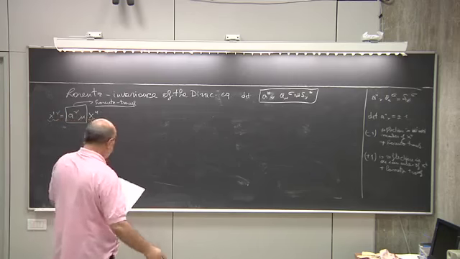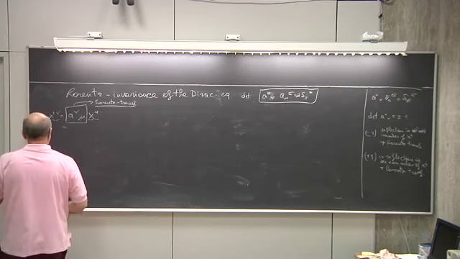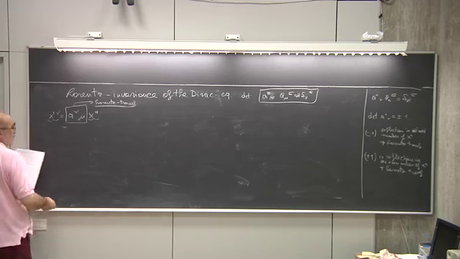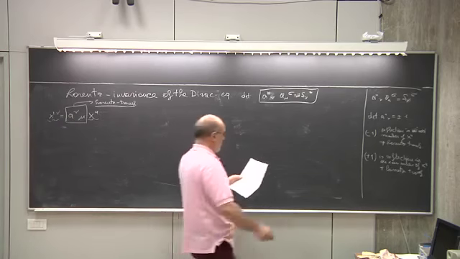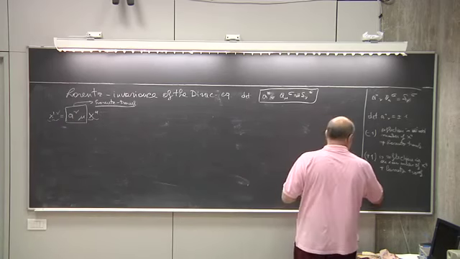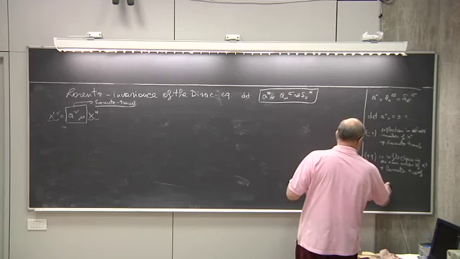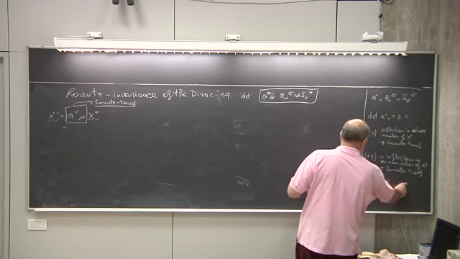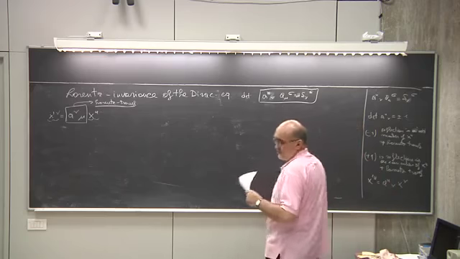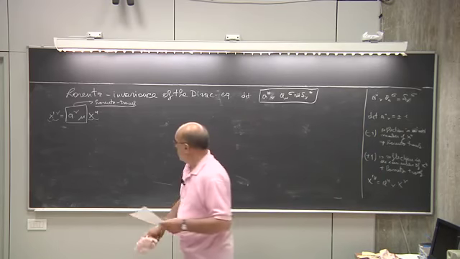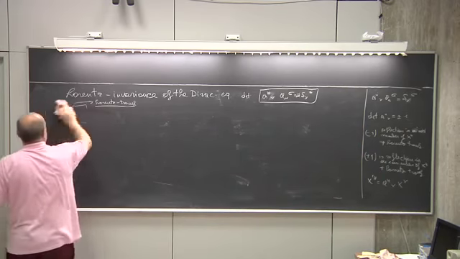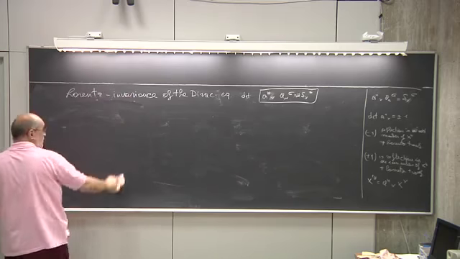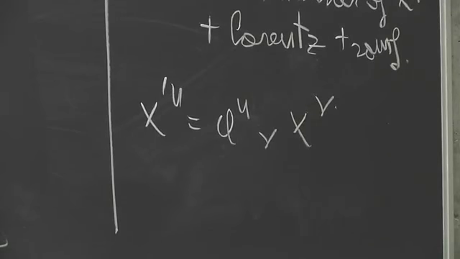We did this already yesterday, but let me write it here: x prime mu is equal to A mu nu x nu. Let's now write what are called the gamma matrices. Let's start with the normal Dirac equation.